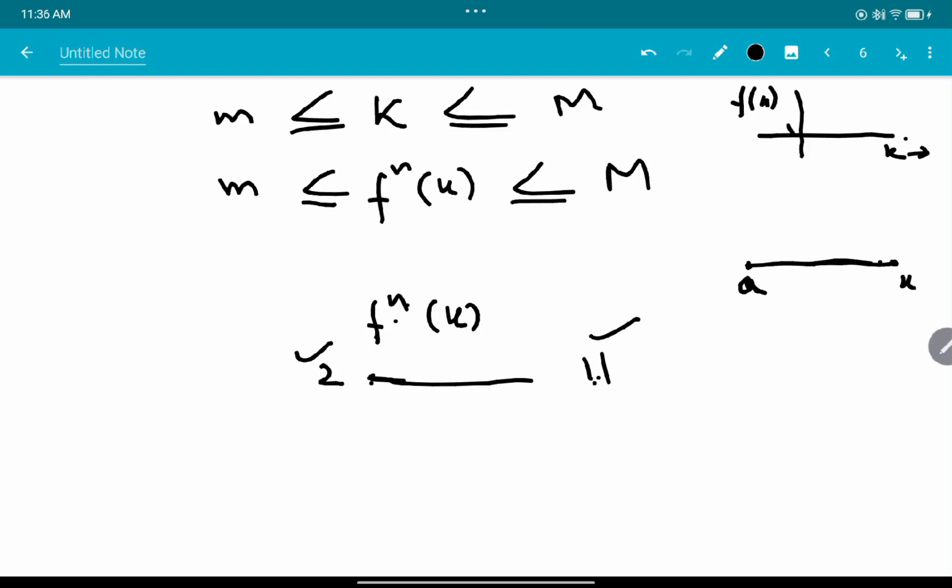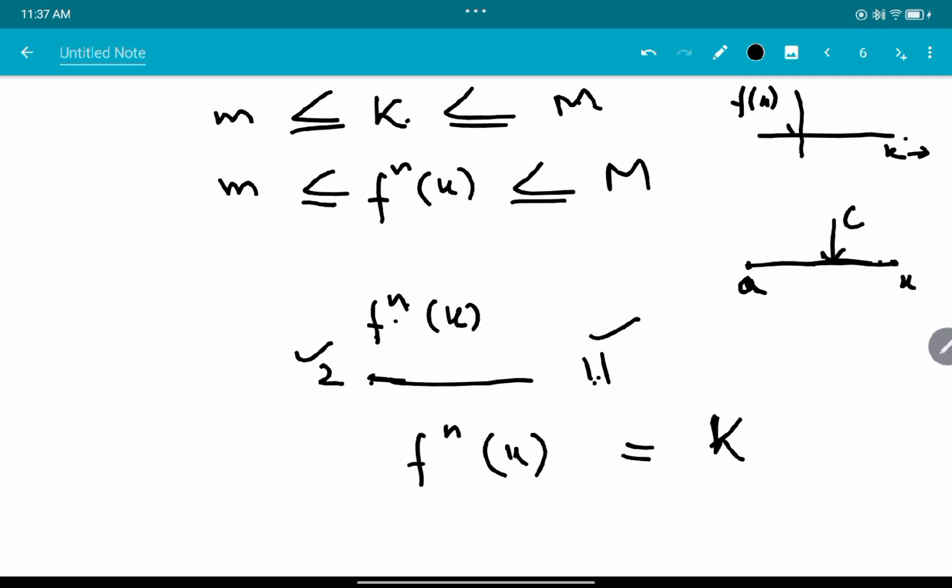Since k is one of those values, k lies between these two. This means that somewhere f(x) will have this value, somewhere, let us say at a point that we denote by c.